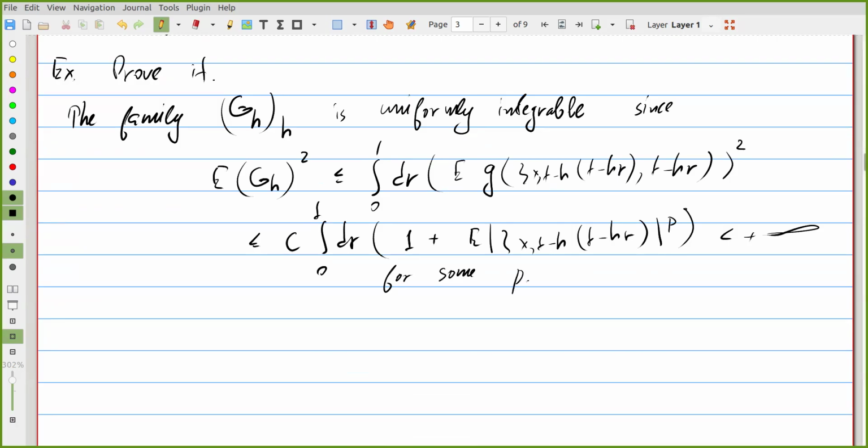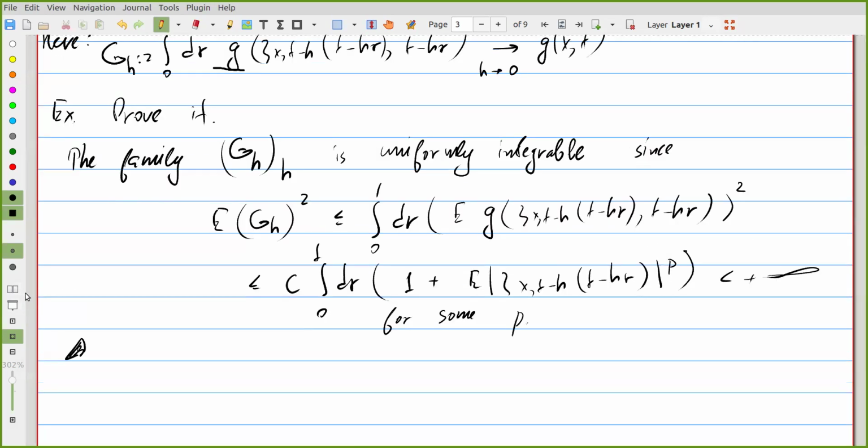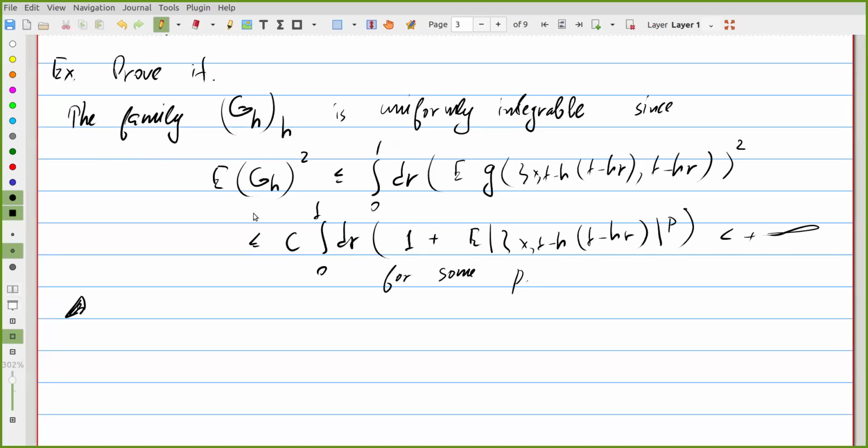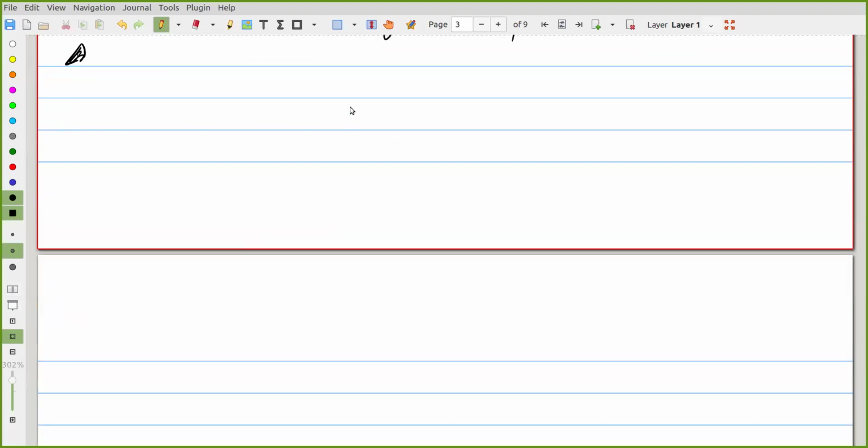So we can pass to the limit by the Lebesgue dominated convergence theorem, now used a second time here. So this is like an iterated dominated convergence theorem.